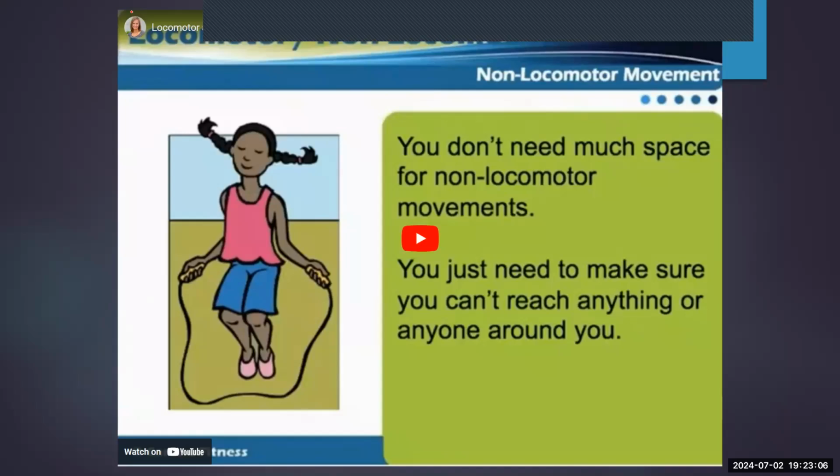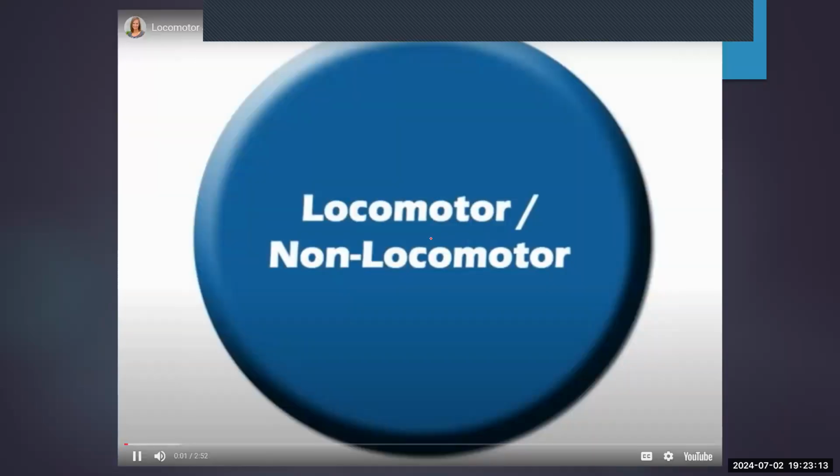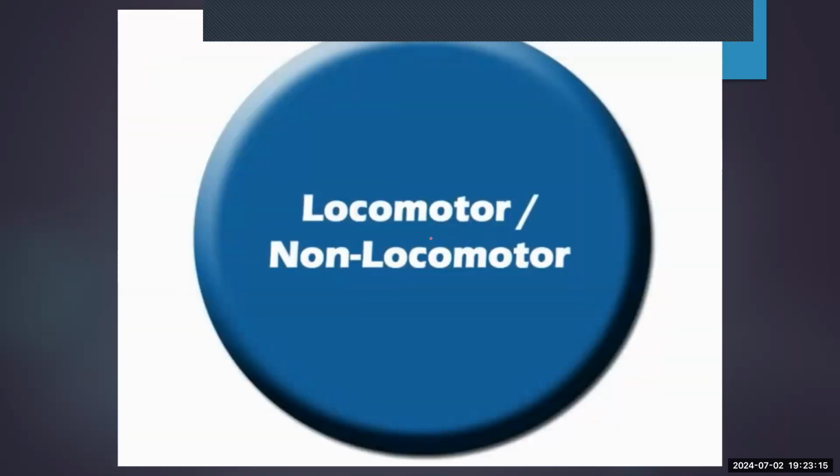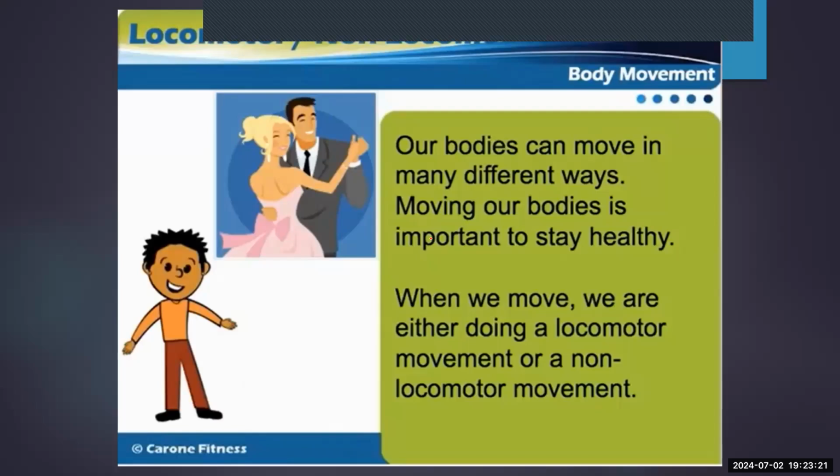All right, then we get into our locomotor and non-locomotor. This is a video that explains it really well. Now let's spend a little time looking at the differences between locomotor skills and non-locomotor skills. Our bodies can move in many different ways. Moving our bodies is important to stay healthy. When we move, we are either doing a locomotor movement or a non-locomotor movement.